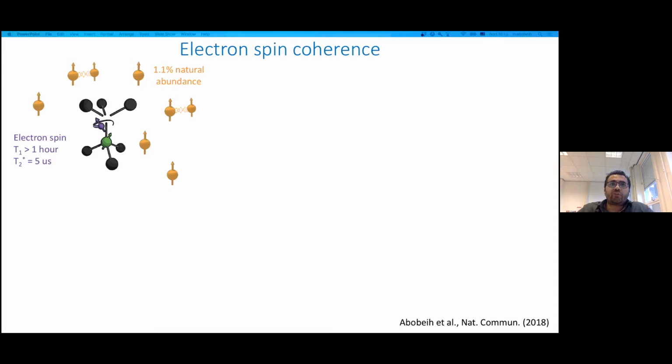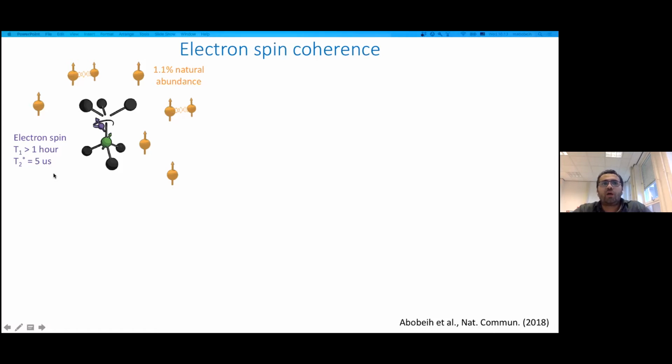These carbon-13 spins are coupled to the NV center and to each other. So they flip-flop with each other all the time, and thus create a random magnetic field around this NV center. This bath of carbon-13 nuclear spins can be seen as a source of noise from the electron spin perspective, and it's basically what limits the electron spin coherence.